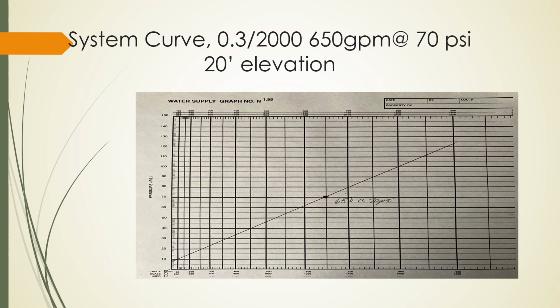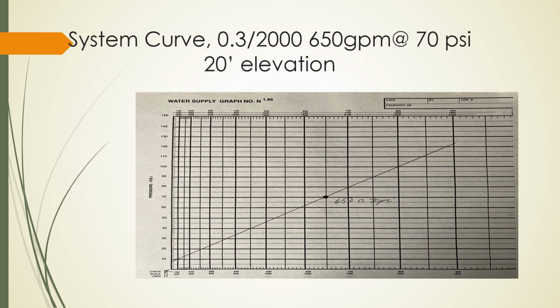In this particular case, I've got a sprinkler density of 0.3 over 2000, and it flowed 650 GPM at 70 PSI to achieve that 0.3 over 2000. So just to go through some of the terminology, the 650 GPM is demand, the 70 PSI is the residual, and one other wrinkle in this will be that the sprinkler system is 20 feet off the ground.